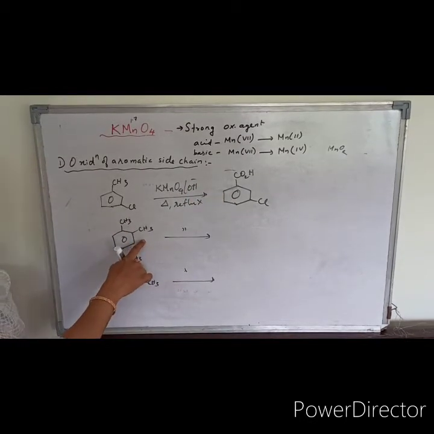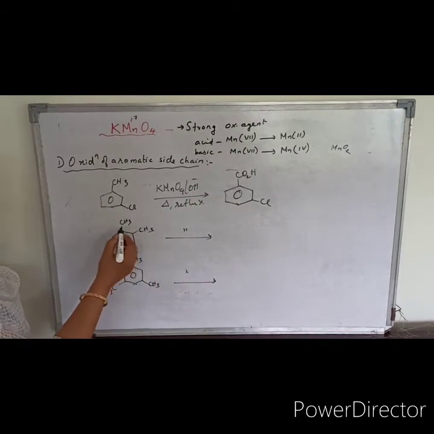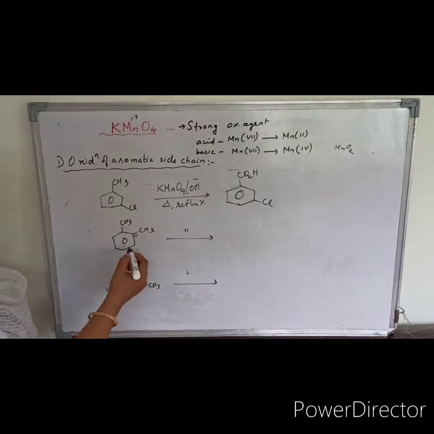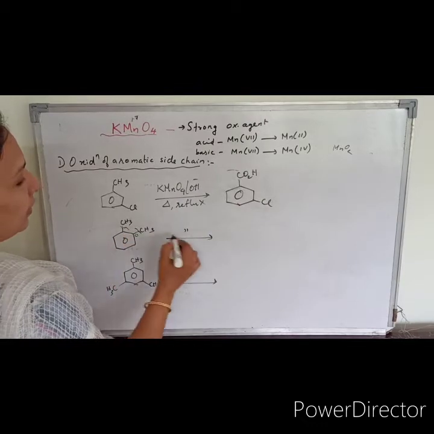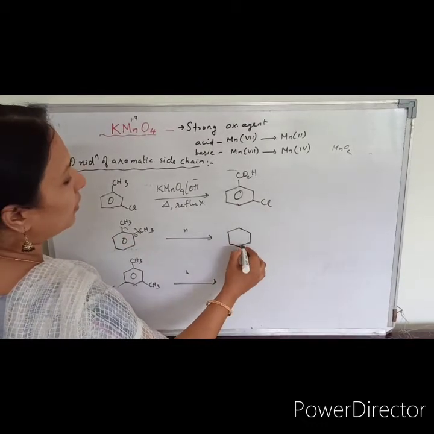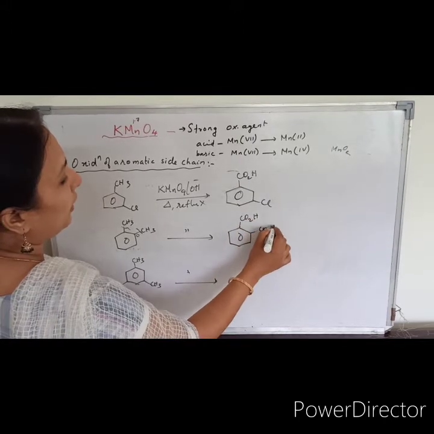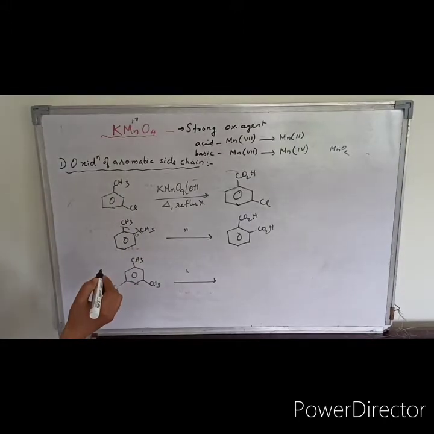Now here this is xylene, with 2 methyl groups at the ortho position, so ortho-xylene. Both the alkyl side chains will be oxidized, so we will get the 1,2-dicarboxylic acid.